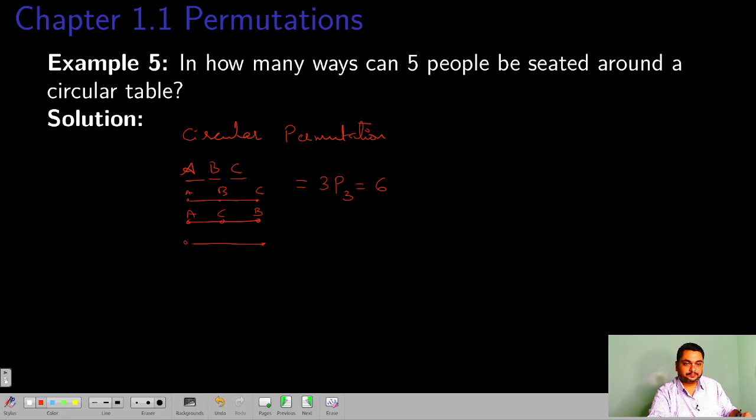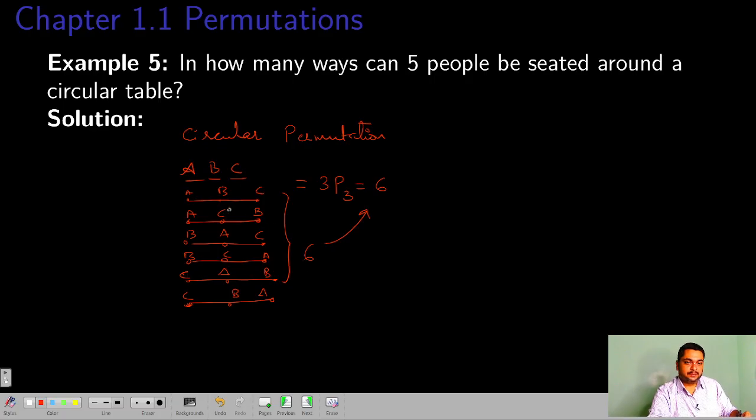Then I can have B, A, C. Then I can have B, C, A. Then I can have C, A, B. Then I can have C, B, A. So these are the 6 ways possible. That's why you got the answer as 6.